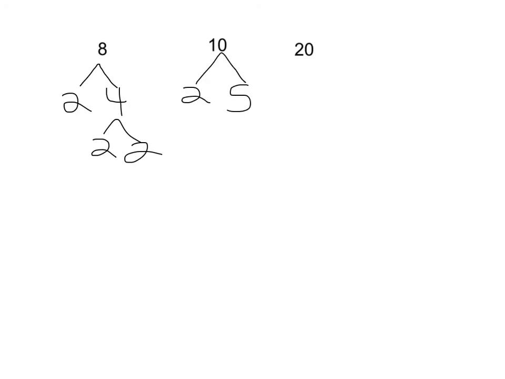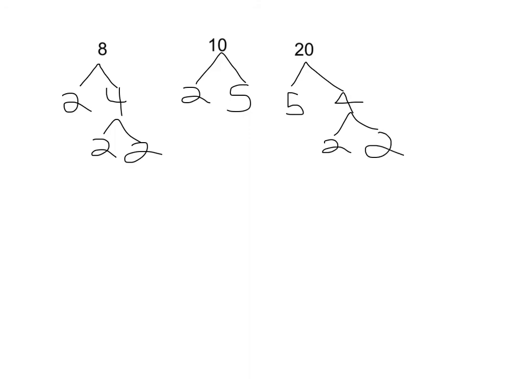So we have to factor them out. 8 is 2 times 4, which goes to 2 times 2, so right now we have 2 times 2 times 2. That one's down to prime factors. 10 is going to go to 2 and 5, which are both prime. 20 goes to 5 and 4, and then the 4 goes into 2 2s.